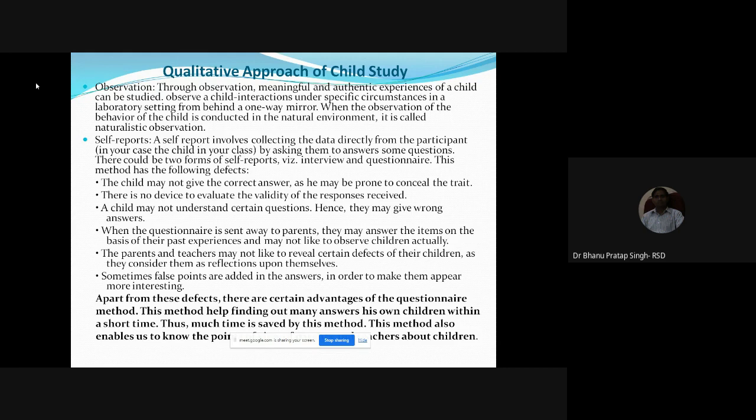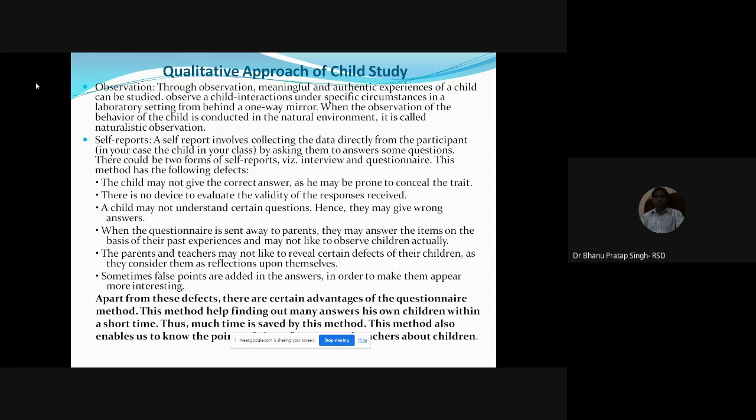Questions can be in the form of an interview or questionnaire, verbal or written. These two, interview and questionnaire, have some defects also, because we are talking about a child. The child may not be able to respond properly, and may not be able to write answers.